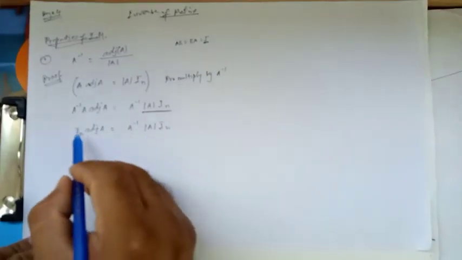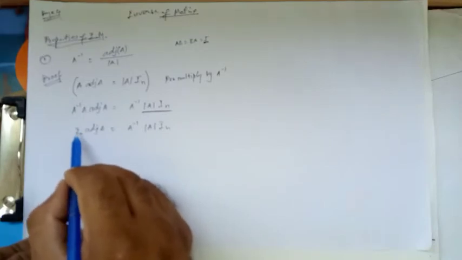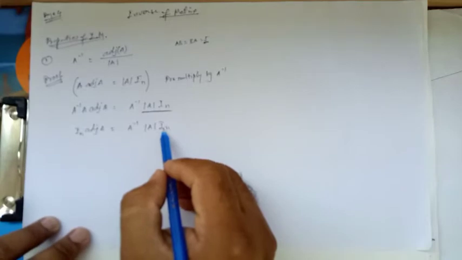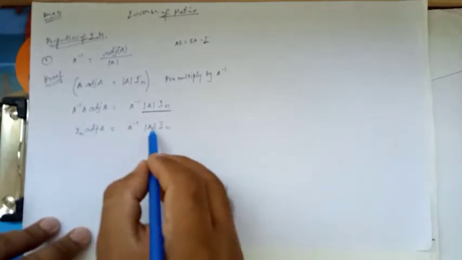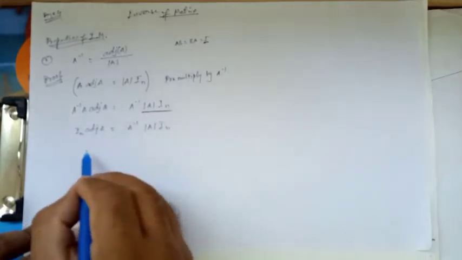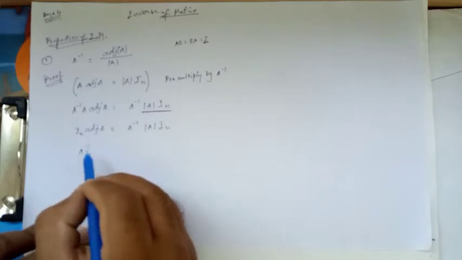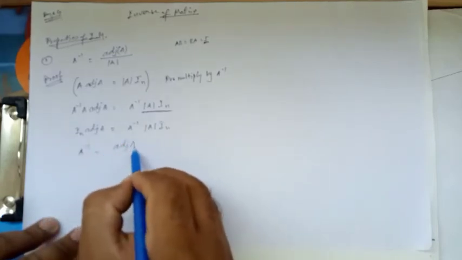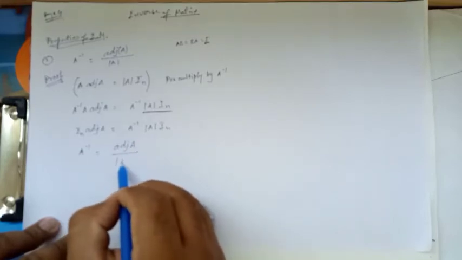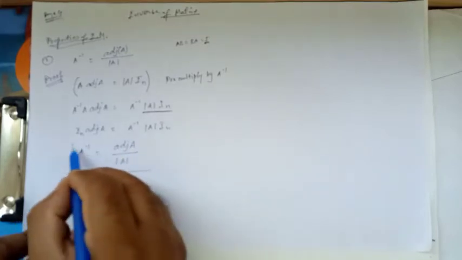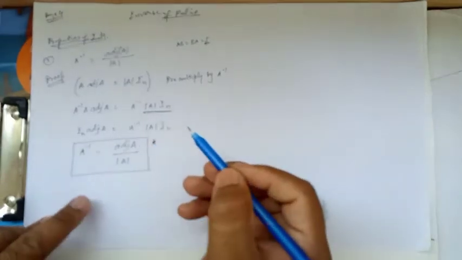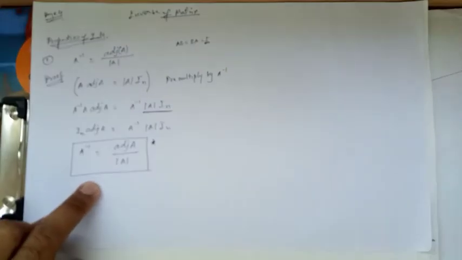The value of this In is 1, so no need to write. Further, if I shift this to the other side, then A inverse equals adjoint A divided by determinant of A. This is a very important thing you need to understand.